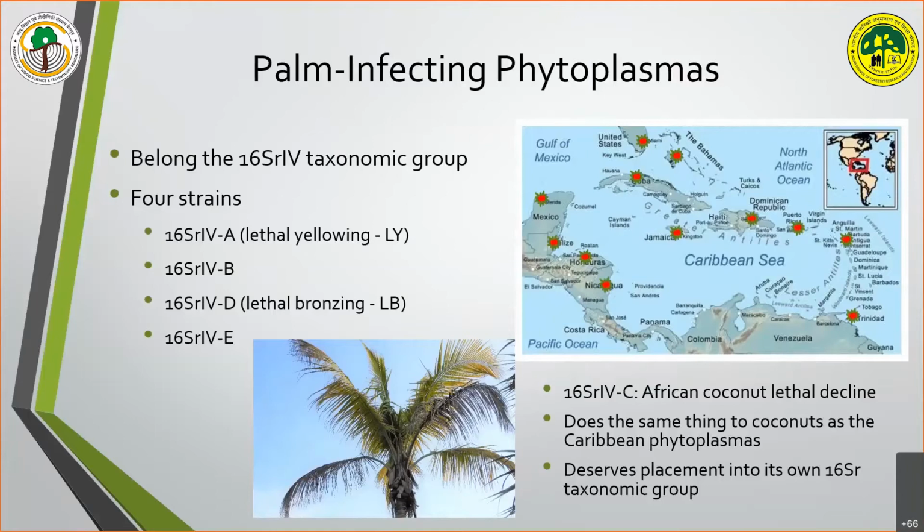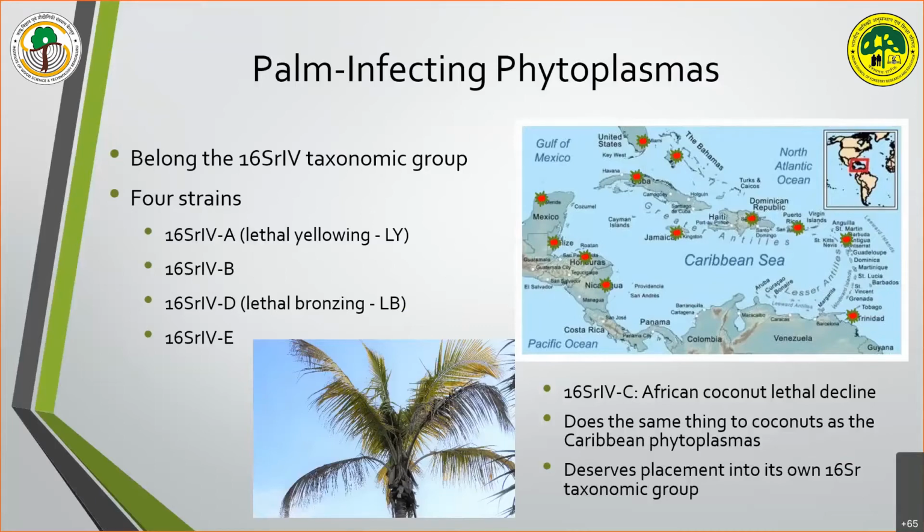Now, you can see here that there are 4 currently recognized strains that belong to this group, subgroups A, B, D, and E. Subgroup A is commonly called lethal yellowing in the Caribbean, and it's the most predominant and widespread subgroup of this group of phytoplasmas.